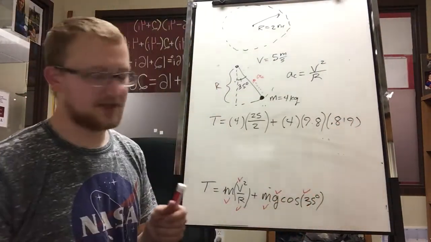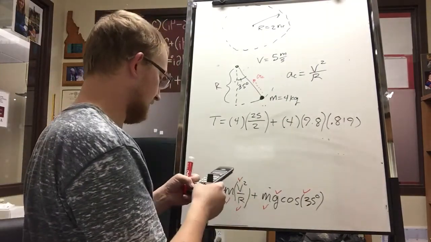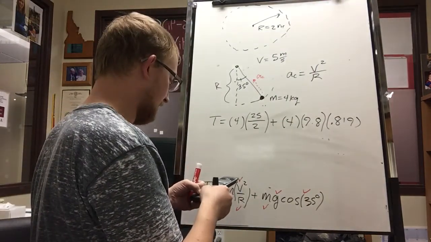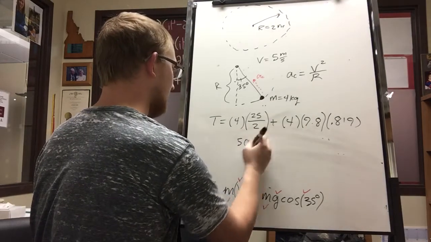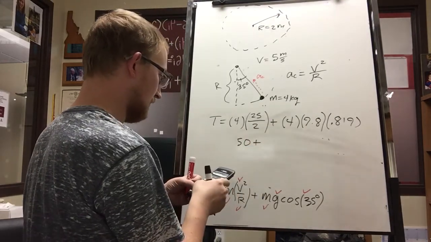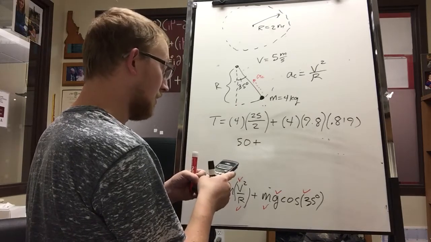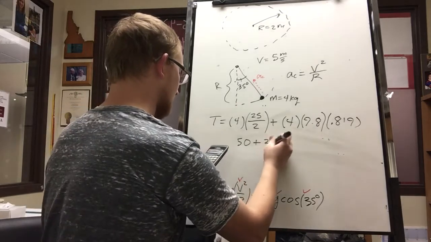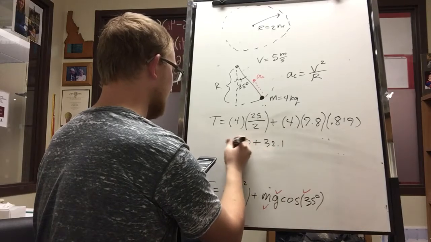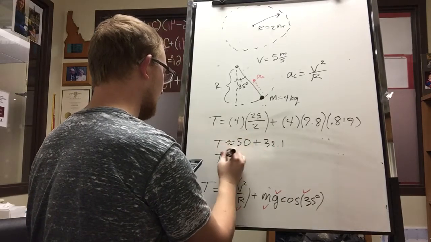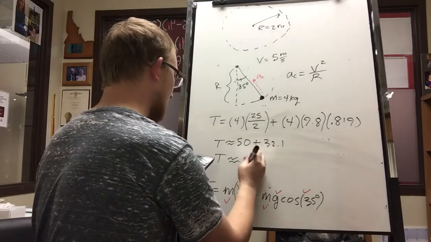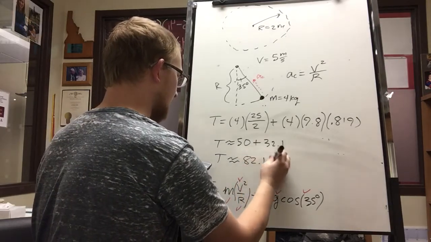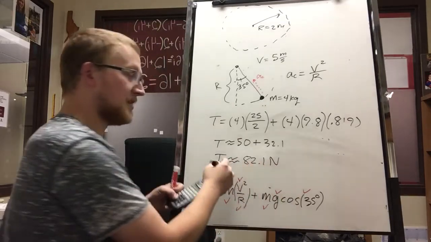Alright, so now we'll just work everything out. This term ends up being 50. This term ends up being 32.1 approximately. And so therefore tension is approximately 82.1 newtons.